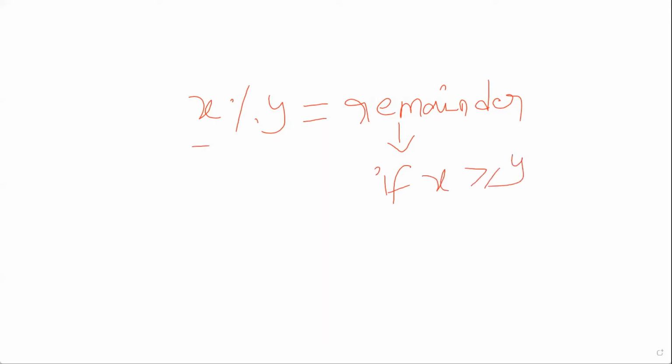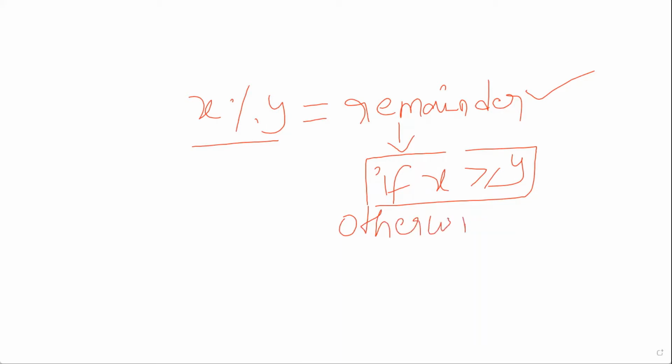Otherwise, the result will be x. So if you are applying the remainder operator percentage, and I perform x modulus y, then the result will be the remainder if x is greater than or equal to y. If x is less than y, then the result will be x.